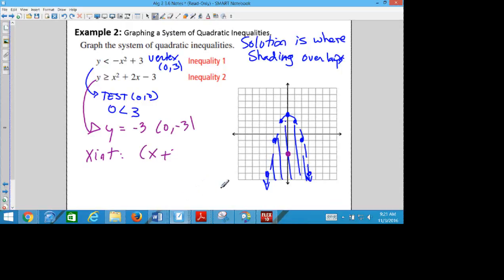X plus 3, not 2, 3 I mean, and x minus 1, so the x-intercepts are at -3 and +1. That means the vertex is in the middle of those.